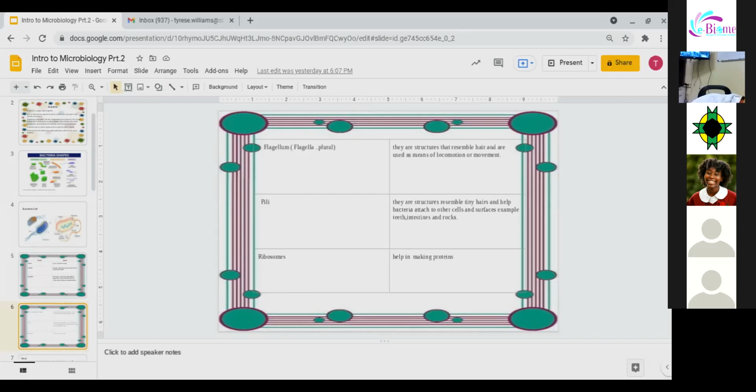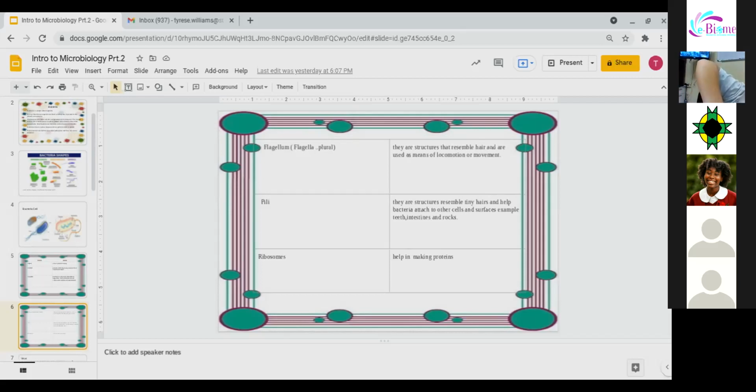So we know that in humans, our legs are what we use. Our legs are the instruments of locomotion in humans. But in the bacterial cell, the flagella is what they use for locomotion. Everyone understanding?